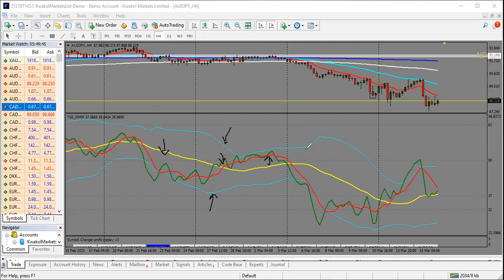And then I have the mid 50, right? Now this RSI is dynamic, it's not static, right? And we have our extremes right here and right there, right?